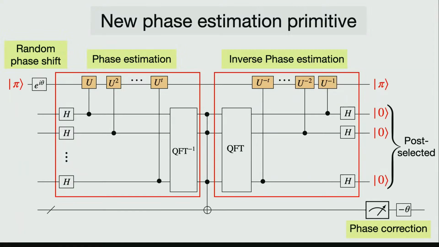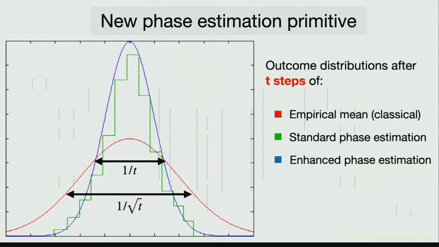And secondly, this post-selection will modify the output distribution for the phase estimate. But if you make the calculation, you can prove that this disturbance is not too important. And this is essentially a picture of what you can prove at the end on the outcome distribution of this new quantum phase estimation primitive.